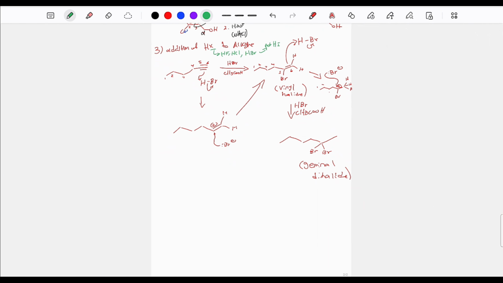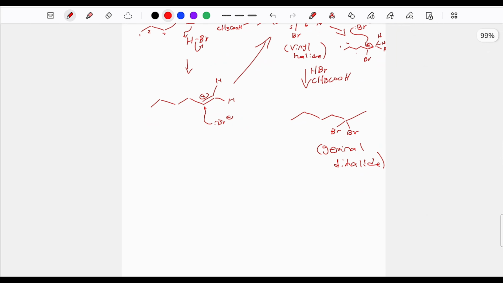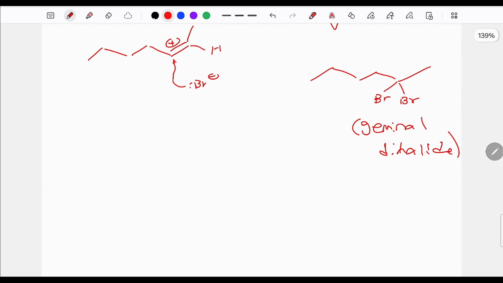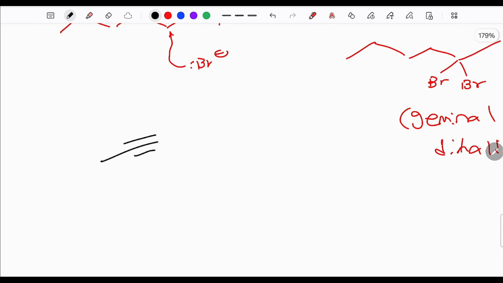Next, let me tell you about the other way the mechanism can go. Let's take this kind of simple alkyne, and we add another HBr.